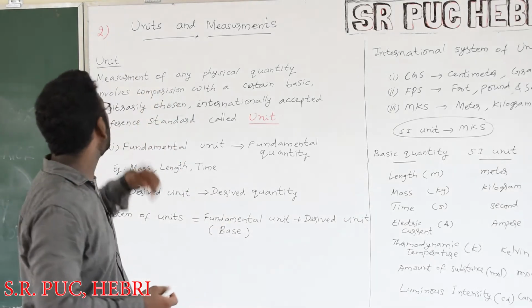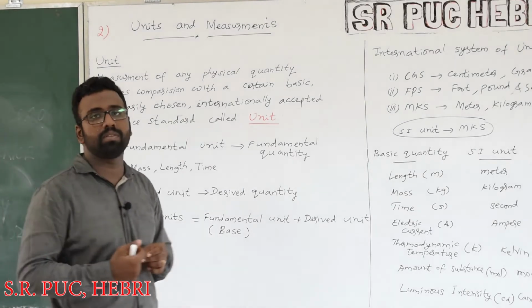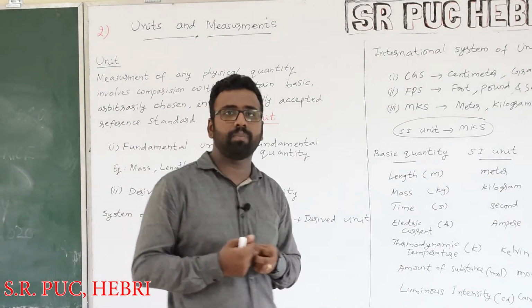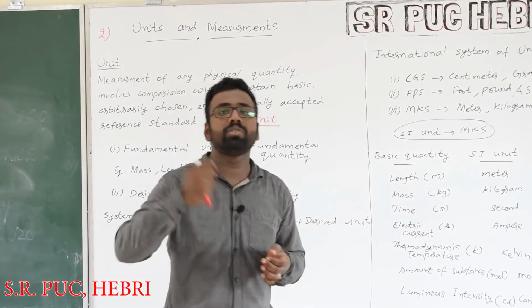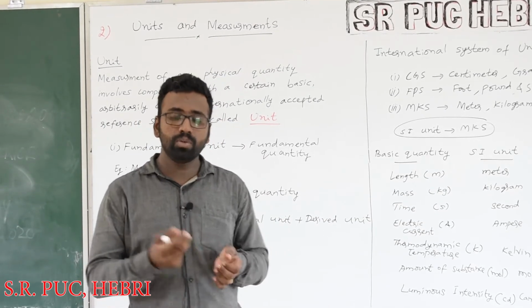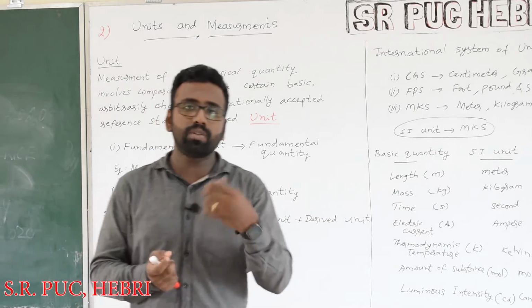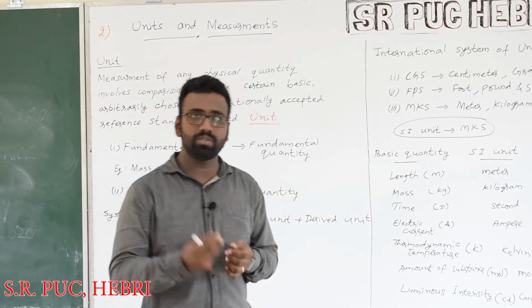We will move on to the second chapter, that is units and measurements. So why do we need to study this chapter? The simple example I can give: if your mom sends you to the shop and tells you to buy some rice, what kind of communication are you going to have with the shopkeeper? Will you say I need 2 rice or 3 rice?